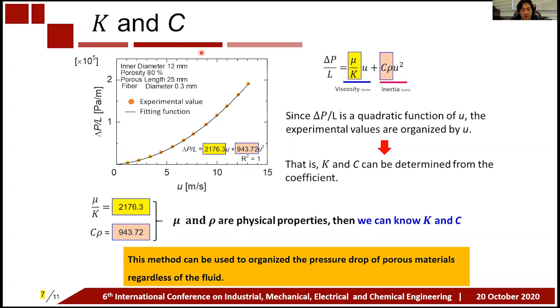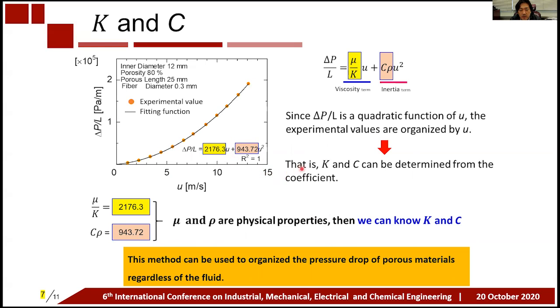This graph shows the relationship between the pressure drop gradient and the air velocity. The orange plot is the experimental value, and the solid line is the fitting function. Thus, the pressure drop can be neatly organized as a quadratic function of velocity.